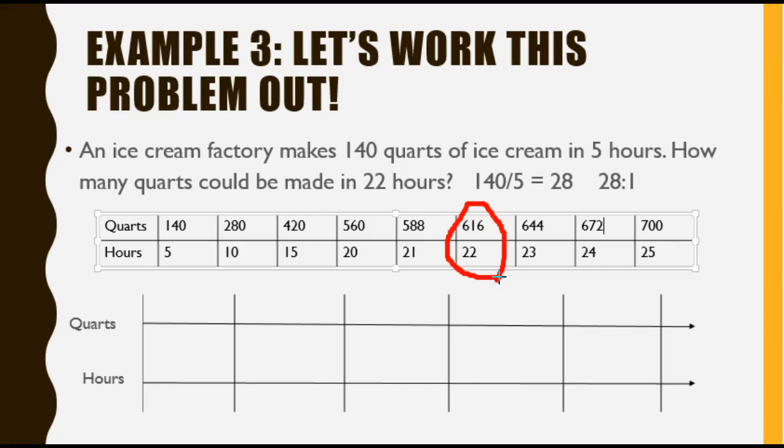Now the way I could do that on my double number line is just like I just did it with my ratio table. Alright, so now representing this on a double number line, I'm just going to fill in my equivalent ratios. For 5 hours, I had 140 quarts. For 10 hours, I had 280 quarts.